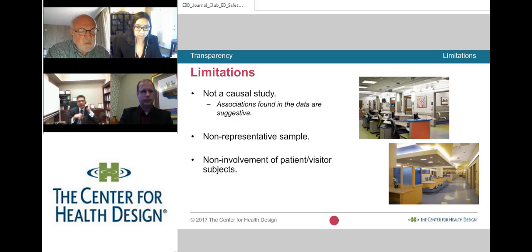So let me add to Tom's point. Let's step back. We could think of an ED where there is no triage, no filtering going on, and everyone is treated in the order in which they entered. Now, that's not feasible. It never happens in any emergency department, and any ED physician would say that's a bad idea and we don't do it at all.